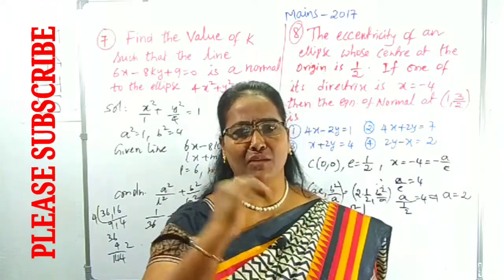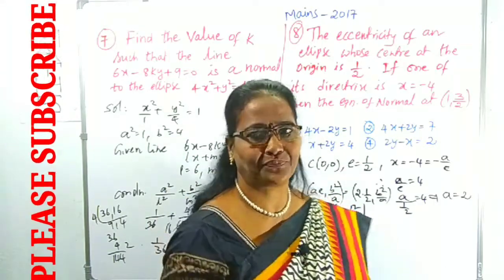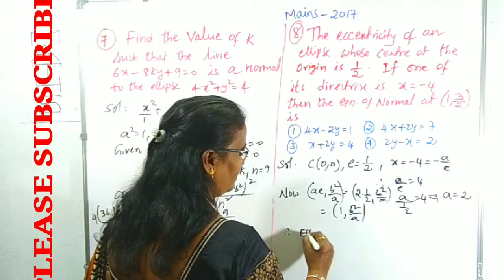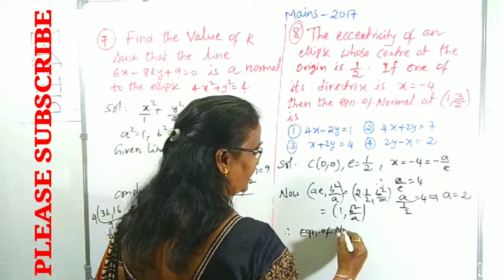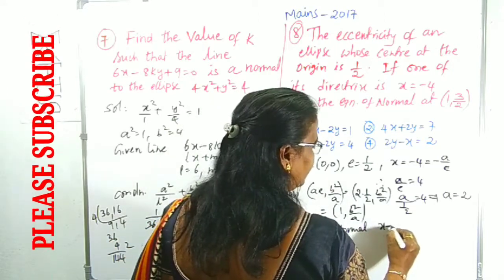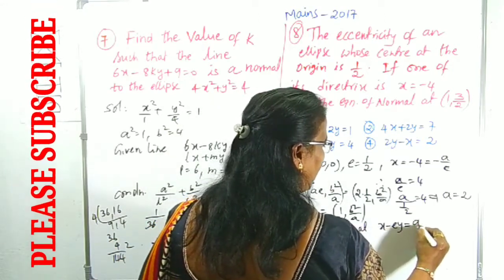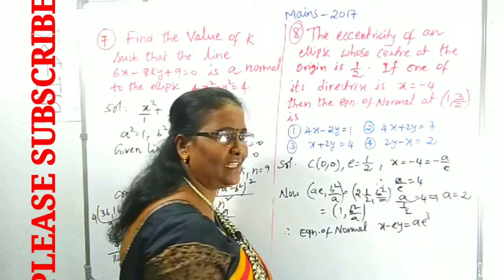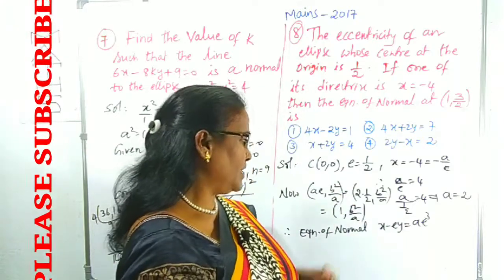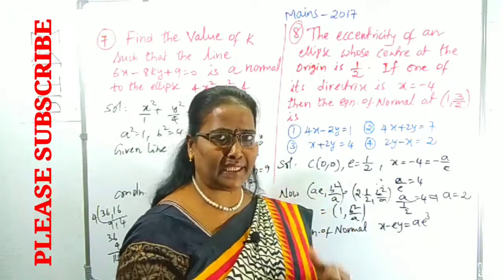Already I have given this to you. What is the equation of the normal at one end of the latus rectum? Clearly, it is x minus ey equals ae cube. Indirectly it is asking for the equation of the normal at one end of the latus rectum.